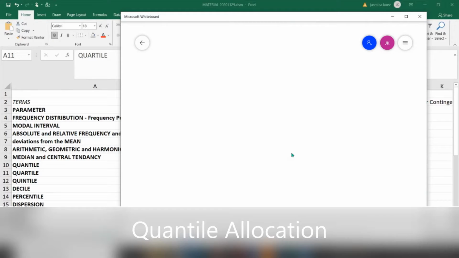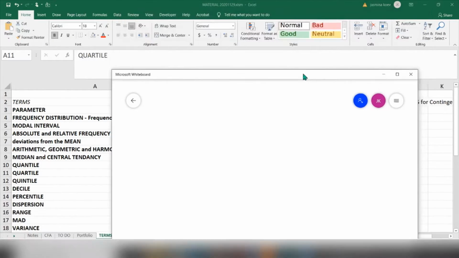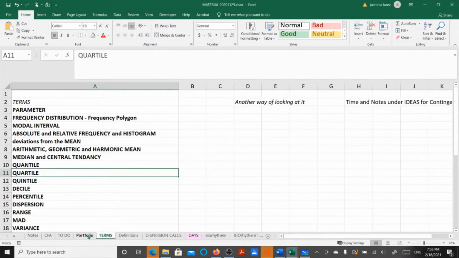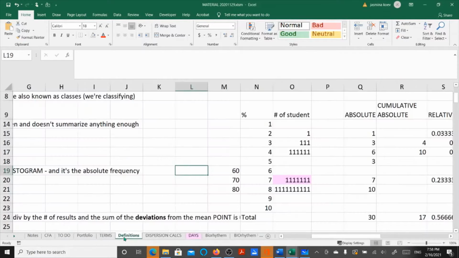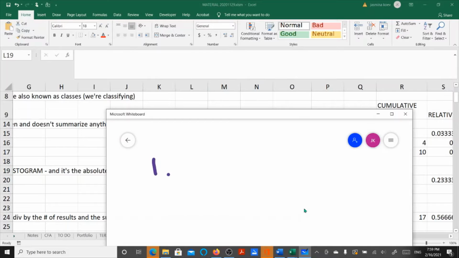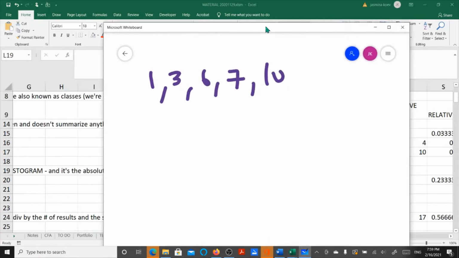So let's say we have these values of test results for our students. Go back again. 1, 3, 6, 7, and 10. So 1, 3, 6, 7, 10. And you see we have these results.